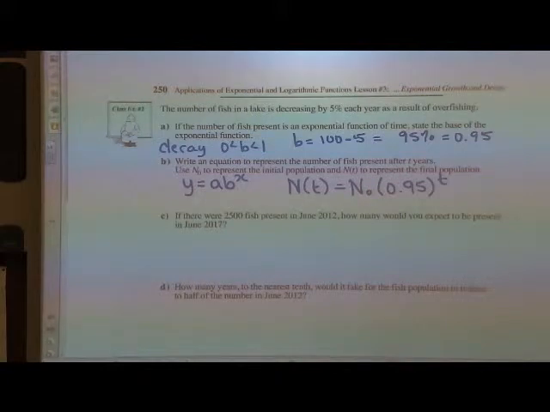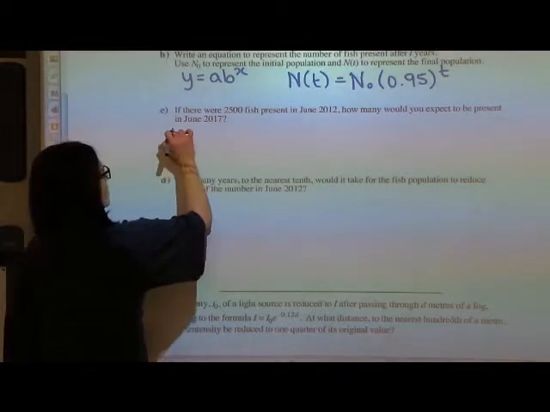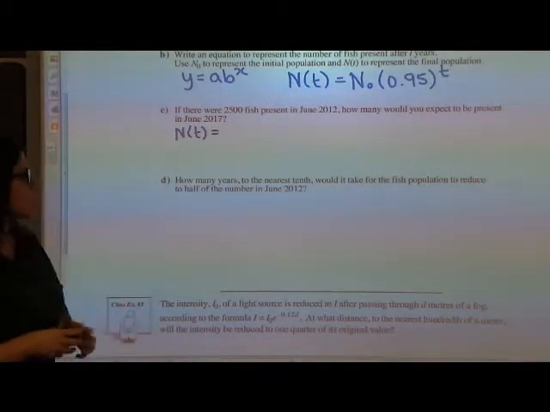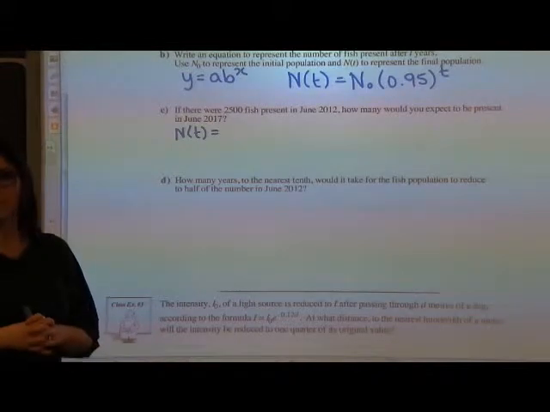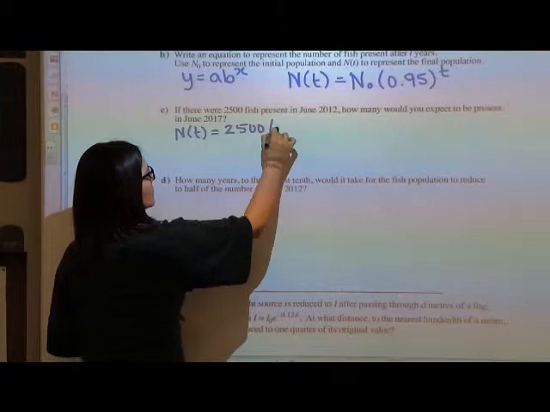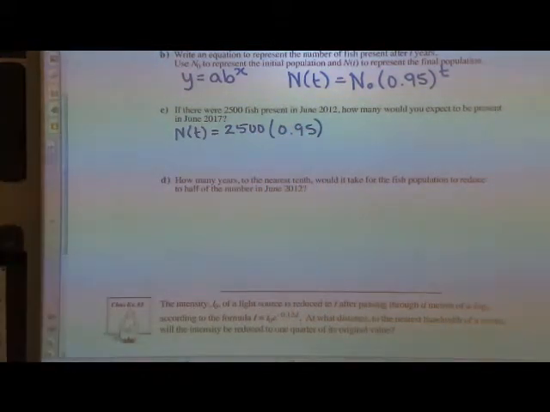So if I had 2,500 fish in June of 2012, how many would I expect to find in 2017? So n of t would equal, what would n of 0 be? 2,500. And how many years have passed? 5 years?